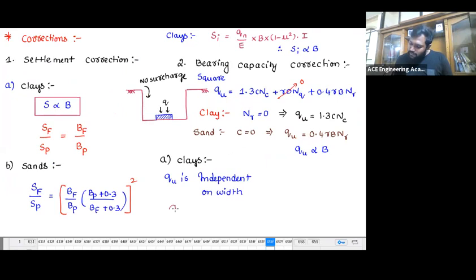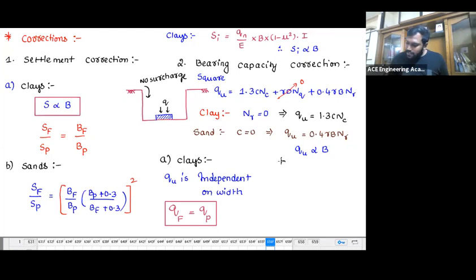So whatever the ultimate bearing capacity in the foundation is equal to that of the plate. Whatever the ultimate bearing capacity I got on a 70 centimeter by 70 centimeter plate is equal to that of a 7 meter by 7 meter foundation also, because in clays the ultimate bearing capacity is independent of the width.